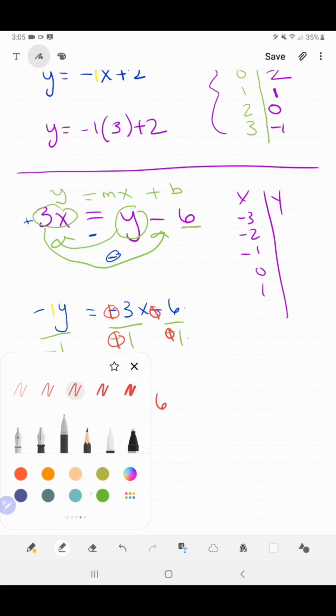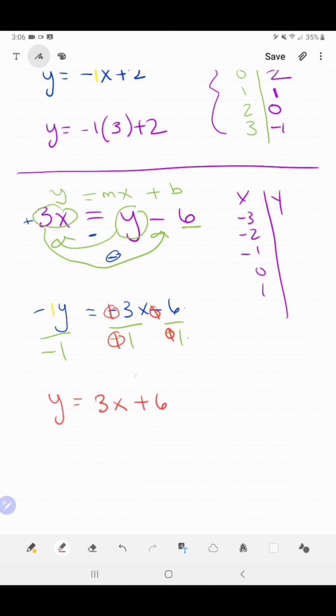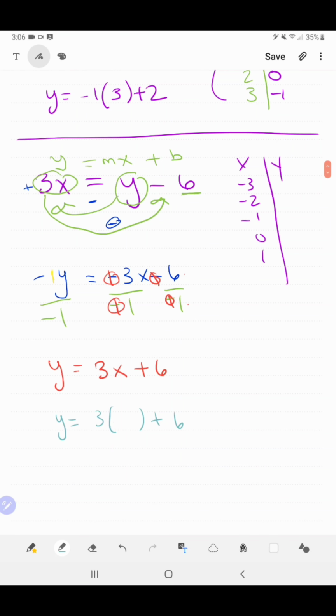Let's use another color. Okay, so we've got y equals 3x plus 6. Plug in for x. So negative 3 goes first. 3 times negative 3 is negative 9 plus 6 equals negative 3.